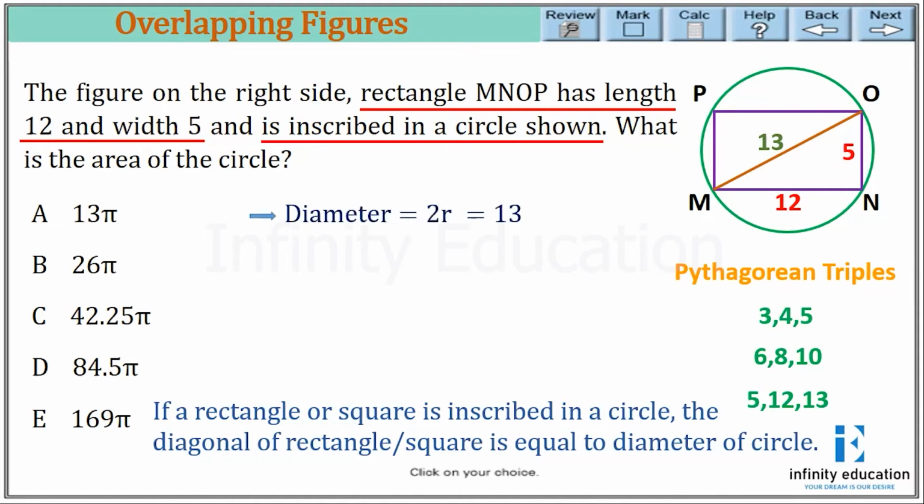That is, MO is 2r, so 2r equals 13. So the radius, half of the diameter, is 6.5.